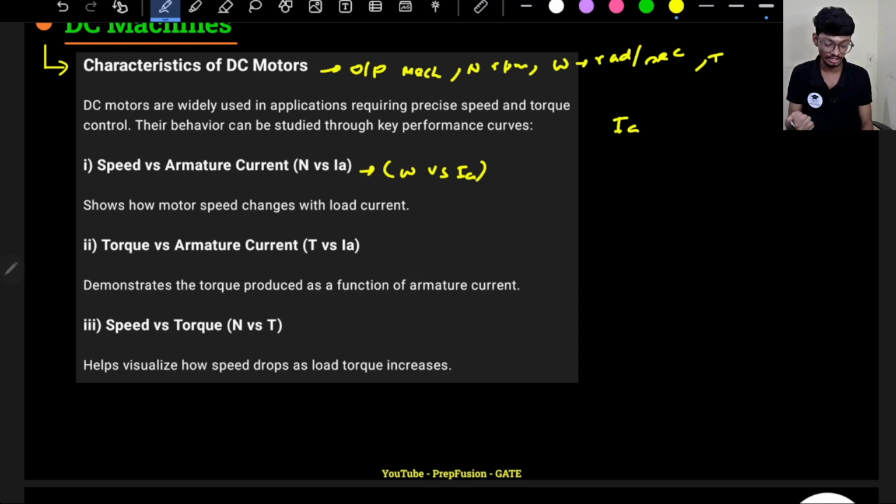And the third one, the most important one, is similar to the external characteristics in case of generators.